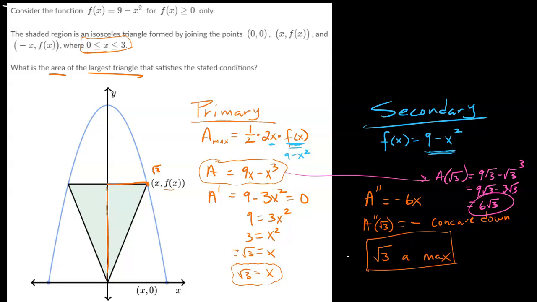How about this? Can you give me a 0 to 5 in the chat on how you are currently feeling about optimization questions? Okay. I like it, Joe.